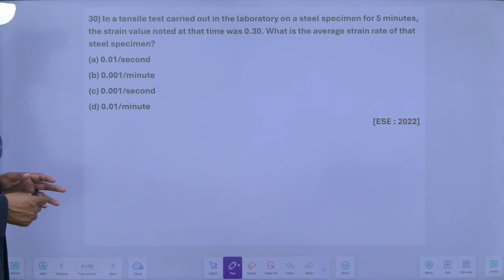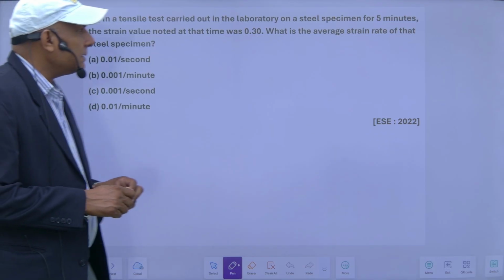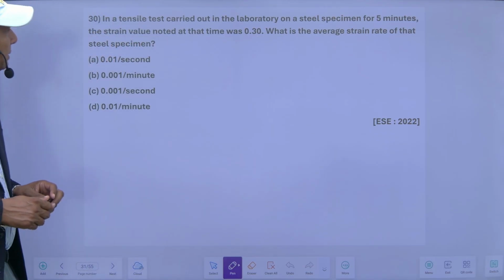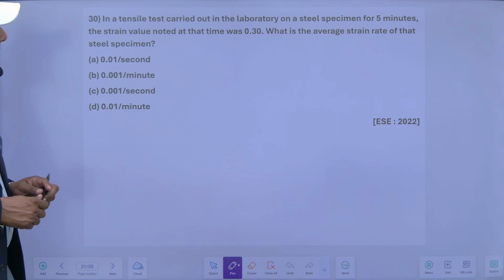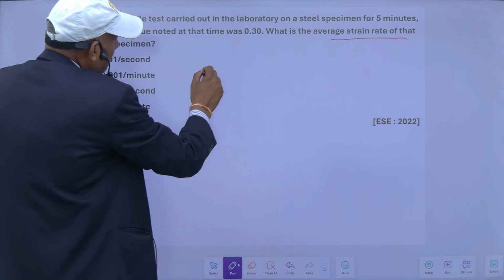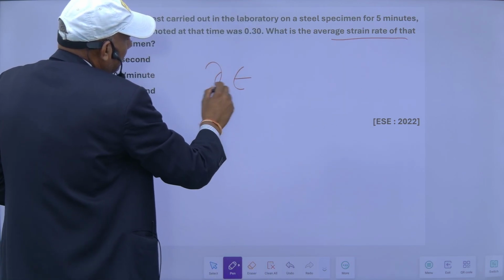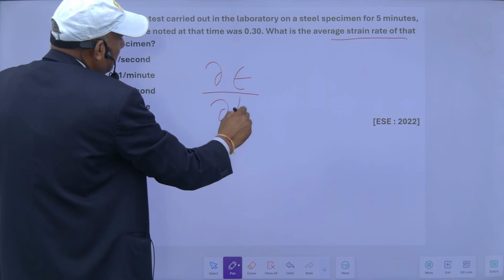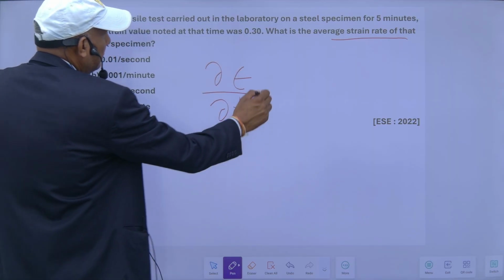In a tensile test carried out in the laboratory on a steel specimen for 5 minutes, the strain value noted at that time was this one. So what is the average strain rate? Strain rate means this change of strain with respect to time. So what is the change in strain?